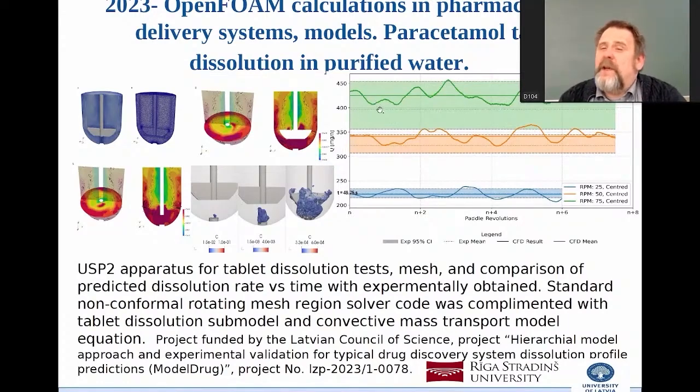We cannot measure it because we can measure just the average. Therefore, the experiment is a straight line, and the prediction is something which you see, due to turbulence phenomena. It's stochastic. It's not really constant, and in average it pretty much fits the expectations. So this we do together with Riga University.